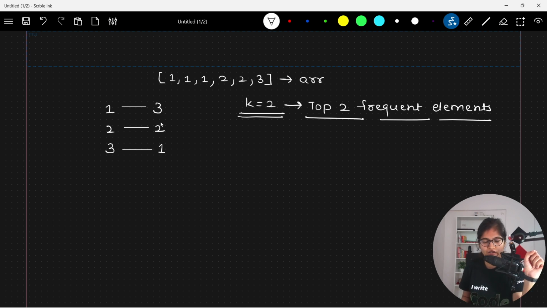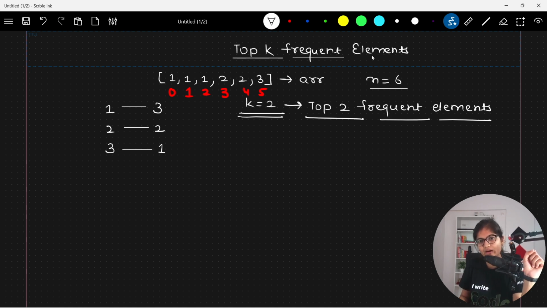In total we have 6 elements. The index will by default start from 0, so it will move through 0, 1, 2, 3, 4 and 5. Right? So the question says you need to find the top k frequent elements. One of the vastly asked questions in an interview.